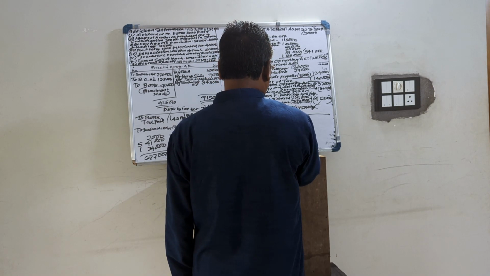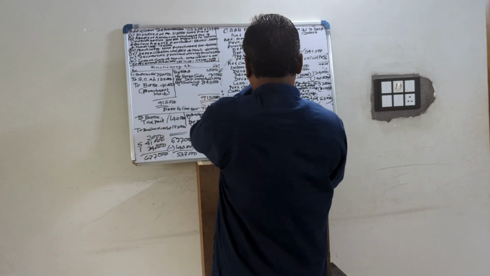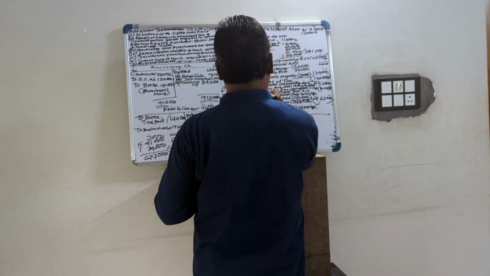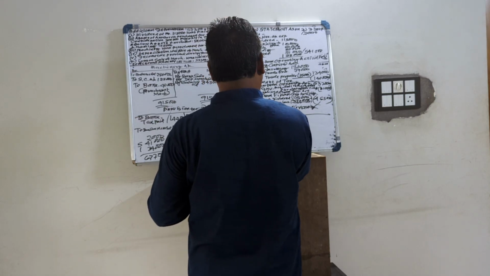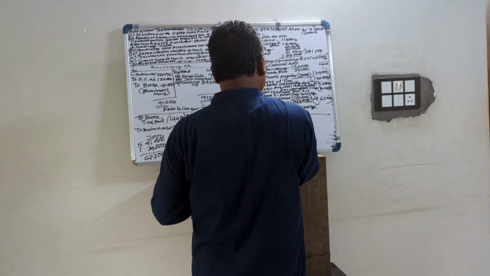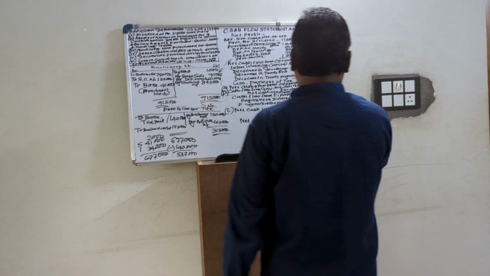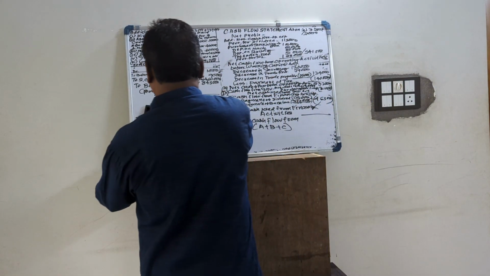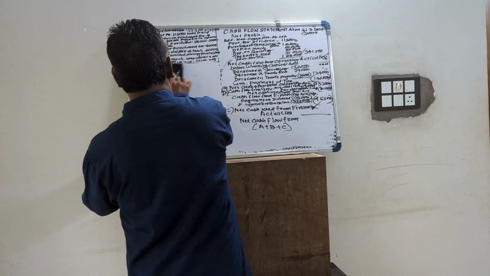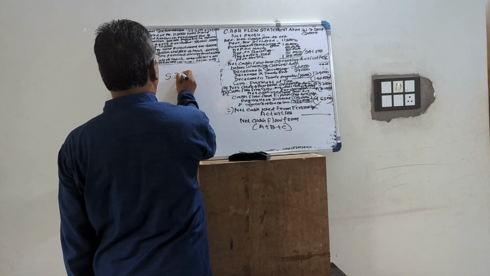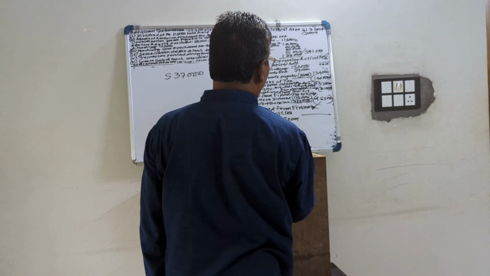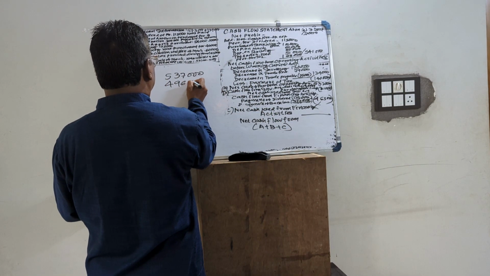So the result is net cash flow from all the three activities. Net cash flow from operating activity, suppose it is A, net cash used from investing activity is B, net cash used from financing activity is C, that means A plus B plus C. So it is 5,37,000 minus total of 31,000 plus 4,65,000, that is 4,96,000.